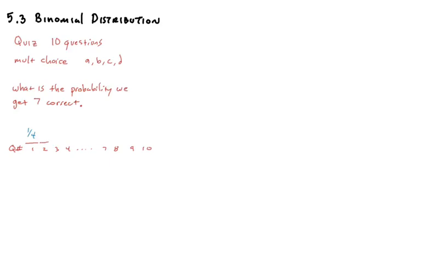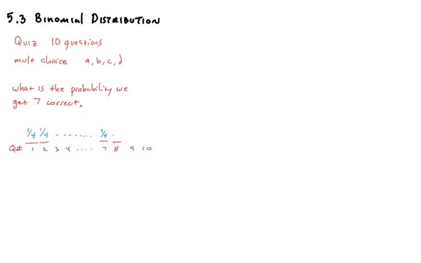For the second question, these are independent. It doesn't matter what we selected on the first one. It's still going to be 1 out of 4, and it's going to be that all the way through. We want 7 of these correct, so by the 7th question we want to still get that one correct, and that's 1 out of 4. That means the remaining 3 we could get wrong at this point.